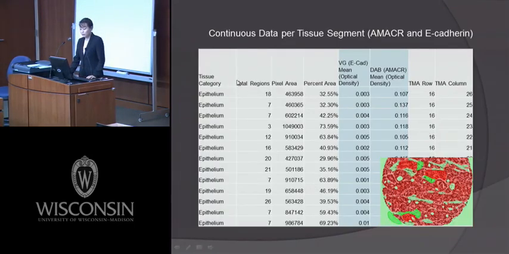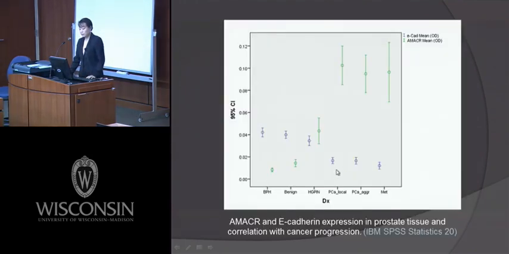So now, this table shows the data I acquired with the epithelium compartment to quantitate E-cadherin and AMACR. I used IBM SPSS software to do the plotting.